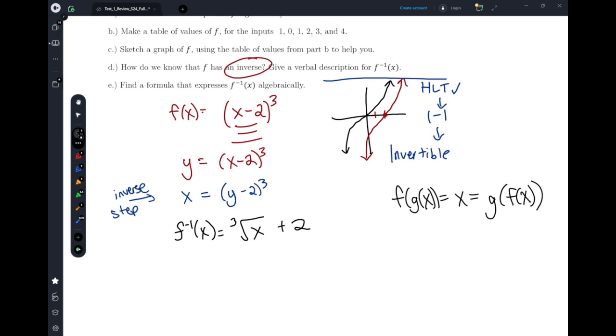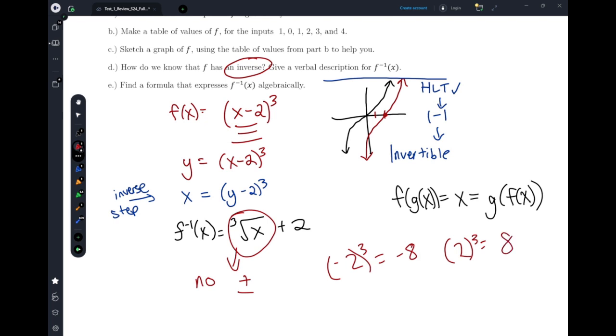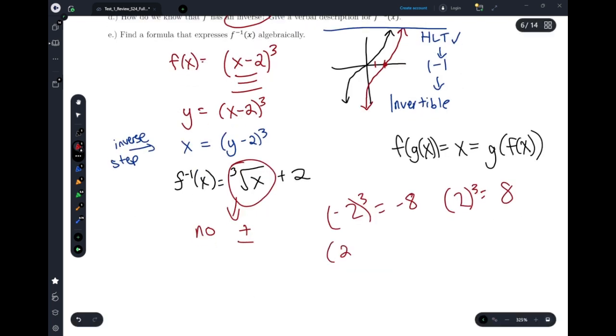And since we didn't have a plus or minus sign because it's cubic, and cubics don't have plus or minus, because negative 2 cubed is negative 8. But wait, what about 2 cubed? Okay, that's fine. Okay, wait, what about 2? Wait, that is 2.